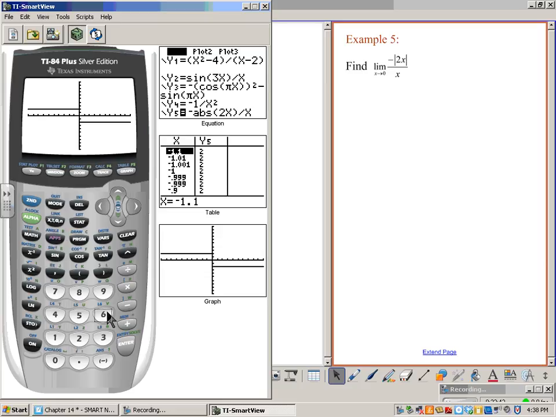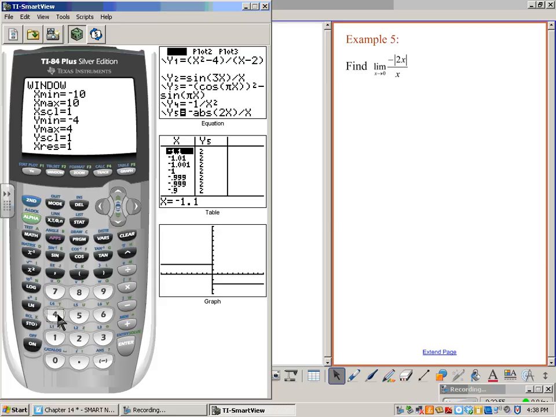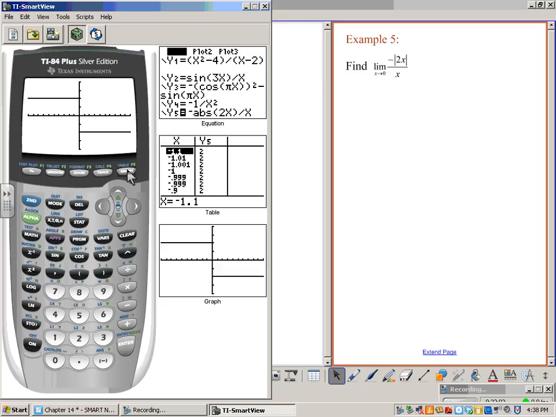Let's get a better look at the graph. Let's go to the window and change our y minimum to -4 and our y max to +4. Okay. So to find out what's happening, let's go to trace, and we notice that at x equals 0, f of x is undefined.